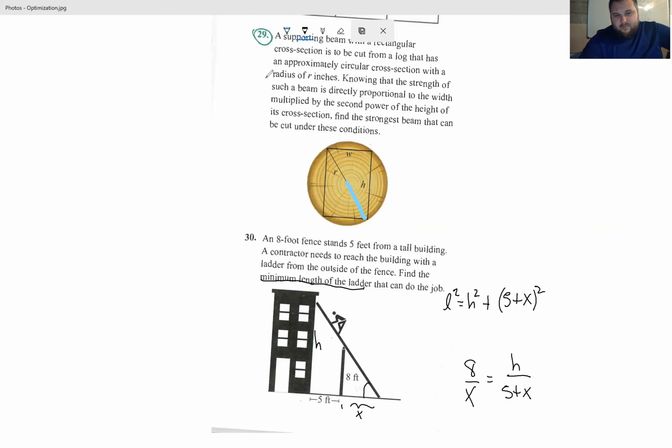We are trying to minimize the length of the ladder, which means we're going to differentiate this. So L isn't going to matter because I'm going to set the derivative to 0. I have an equation here that has h and x, and this equation also has h and x. So let's solve this equation for h.